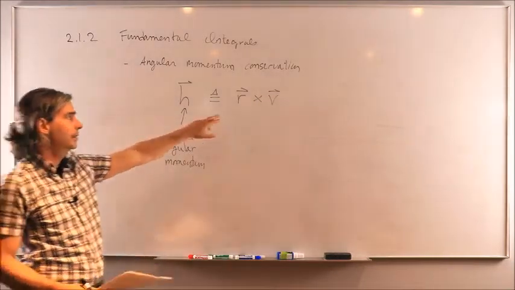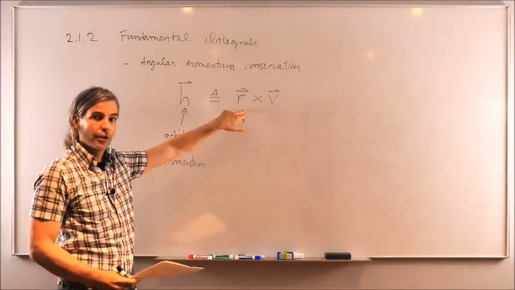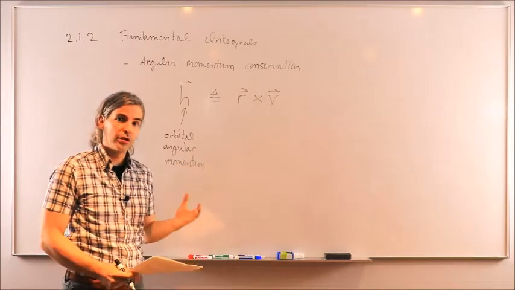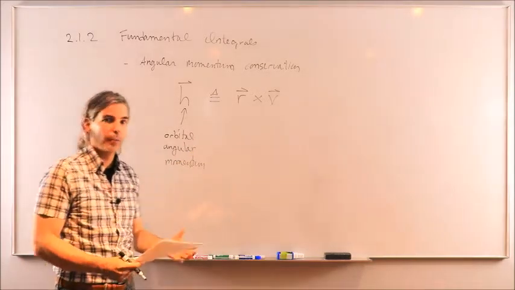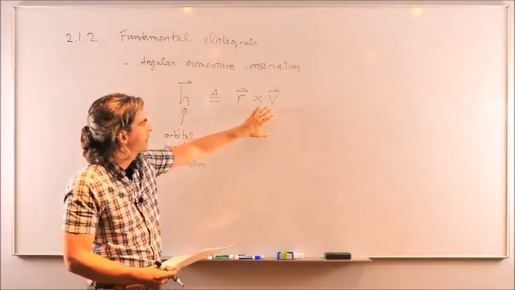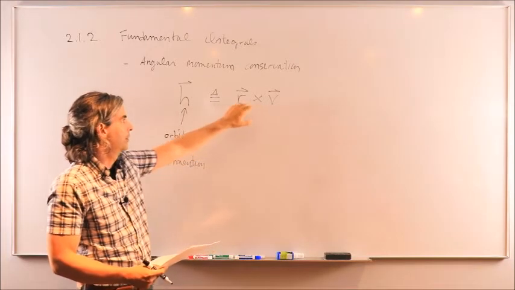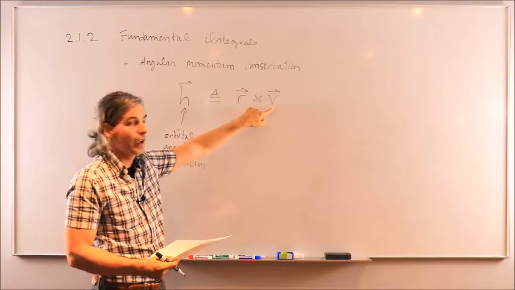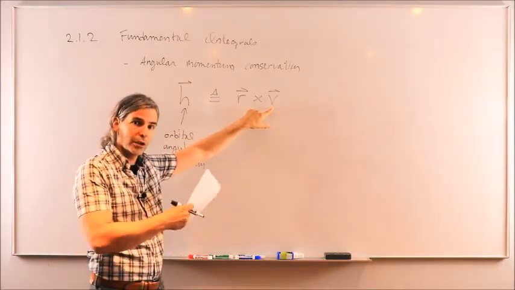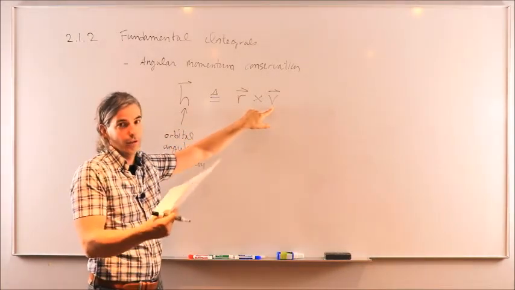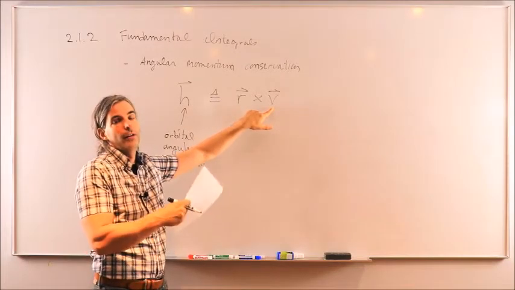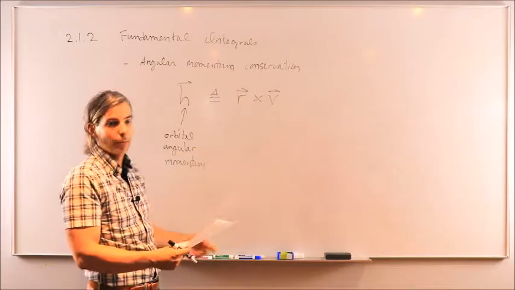From this point on, small r vector will always denote position of m2 with respect to m1, or in other words, the position of the spacecraft with respect to the planet. V here is going to denote the inertial derivative of our position vector, or in other words, the velocity vector of m2 with respect to m1, or again, the velocity of the spacecraft with respect to the origin of our primary body, m1, the planet. Okay?